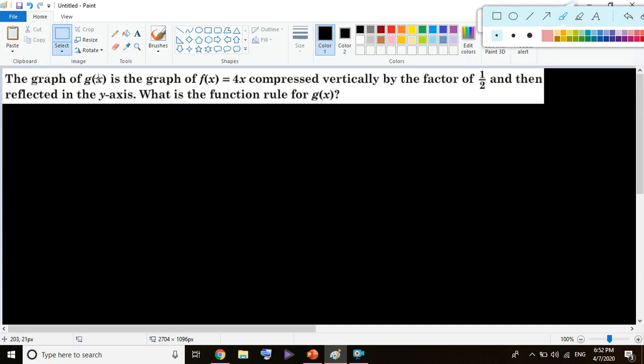Here we said that the graph of g of x is the graph of f of x. This is the equation we have: g of x equals f of x compressed vertically by the factor 1 over 2 and then reflected in the y-axis. So first of all, we have f of x equals 4x. Now they're asking for compression by 1 over 2, and with reflection in the y-axis.